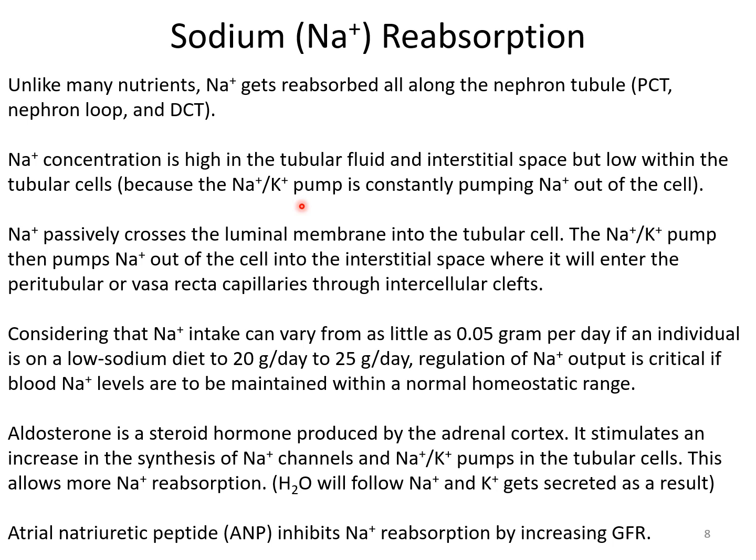One of its jobs is to go to the tubule cells and increase the amount of sodium channels and sodium-potassium pumps in the tubule cells. So anytime you increase those proteins in the tubule cells, you're going to allow more sodium to get reabsorbed out of the tubular fluid and into the blood. Okay, so ultimately aldosterone increases the amount of sodium reabsorption.